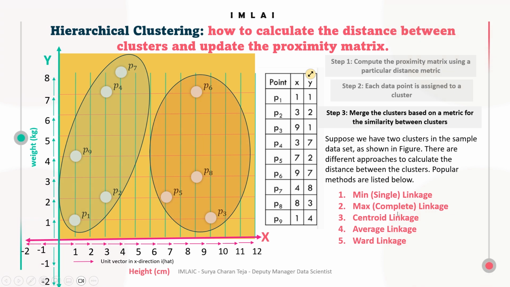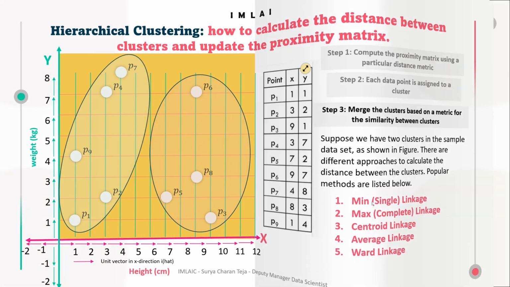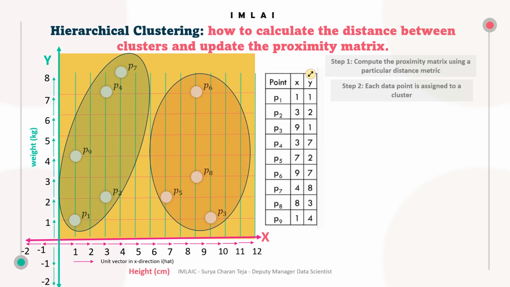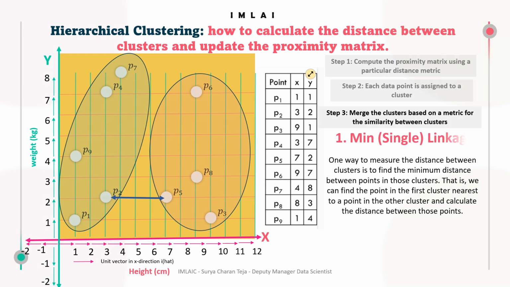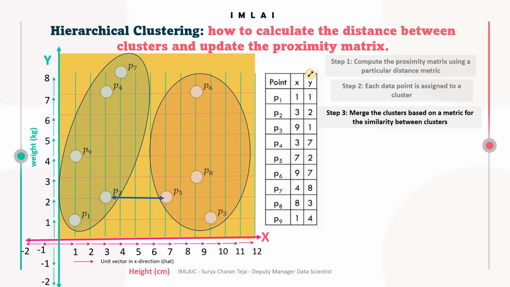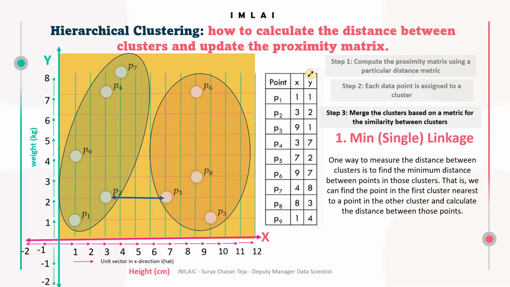However, we will begin with the first approach, known as min linkage. So we will be doing a min linkage now. In min linkage, one way to measure the distance between the clusters is to find the minimum distance between points in those clusters.